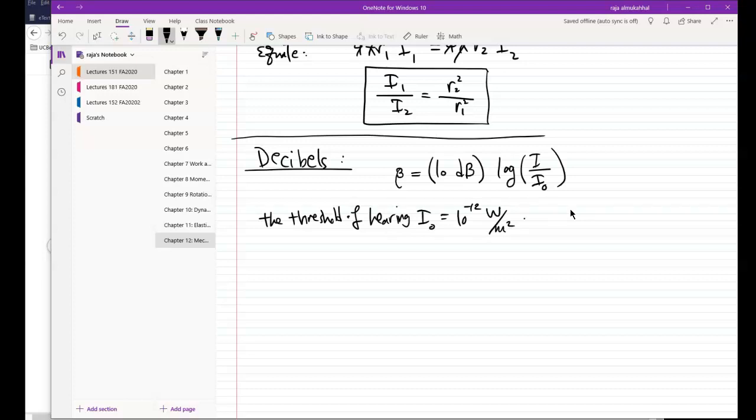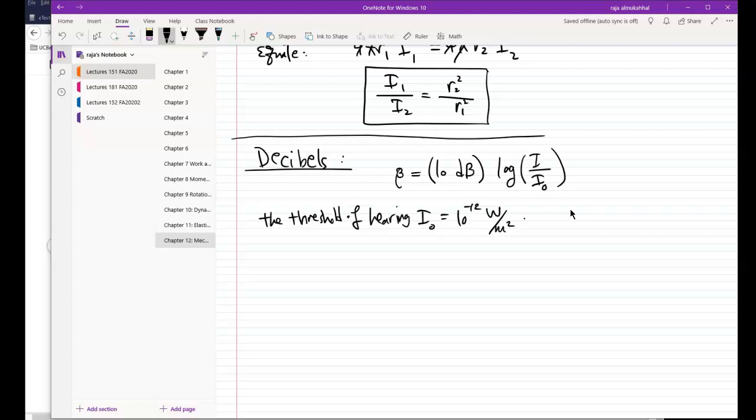When we say threshold of hearing, it means the minimum sound loudness, the minimum sound intensity that the human ear can hear. Of course, with my age, I probably cannot hear that sound. If you produce a sound with 10 to the negative 12 watt per meter squared, I probably will not be able to hear it. Probably a child or a teenager will be able to hear that sound. But it is the bare minimum.